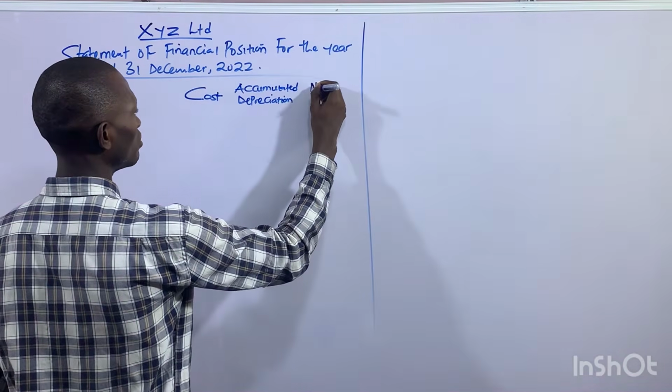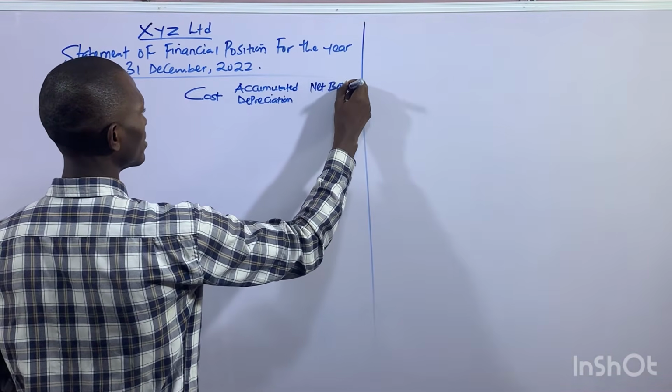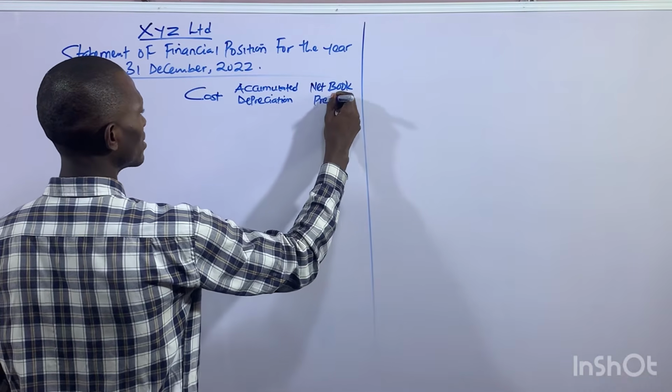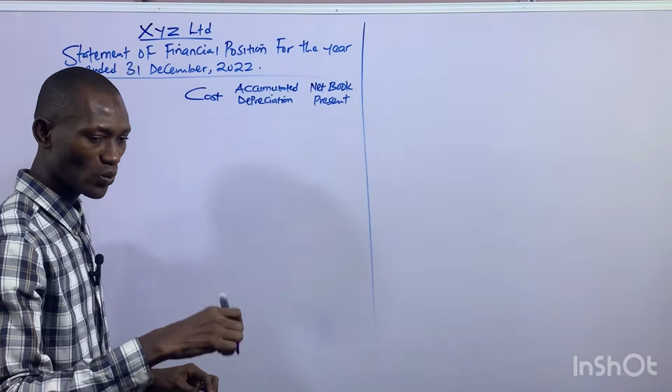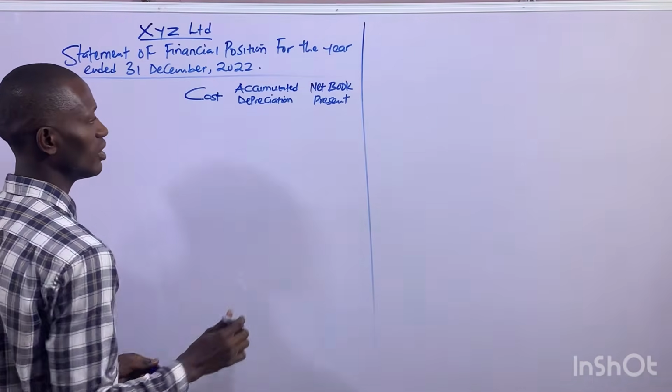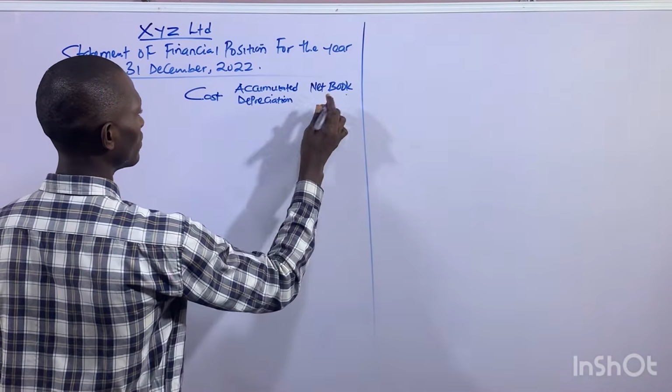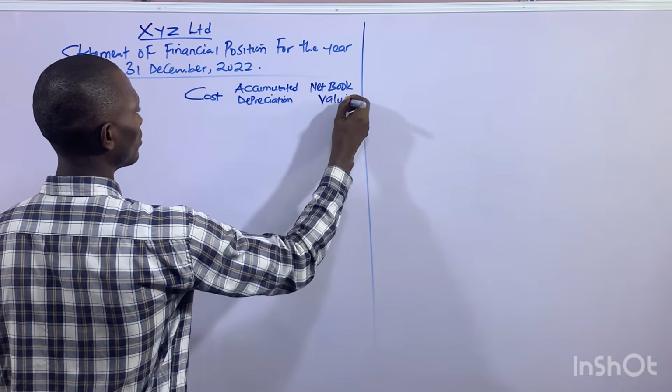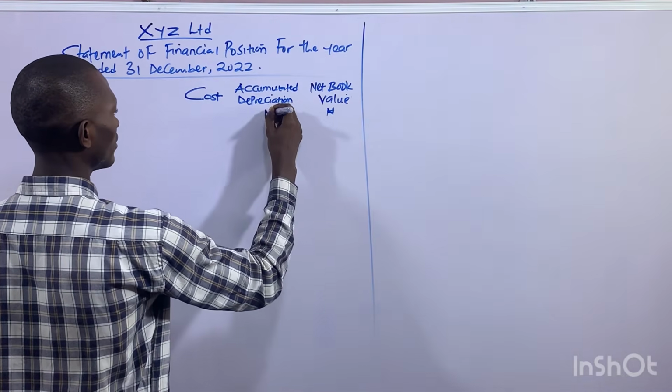Then we have the net book value. Net book value is the net present value of the asset, the net worth of the asset. What the asset is worth now is the net book value. So we have the naira sign here.